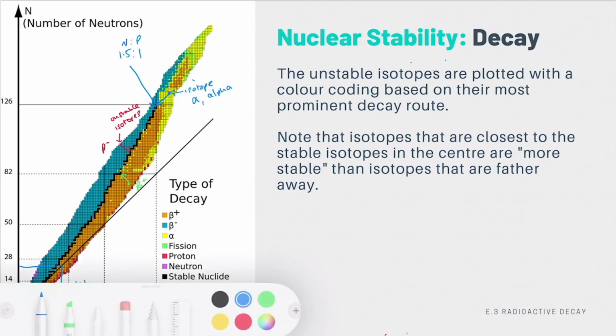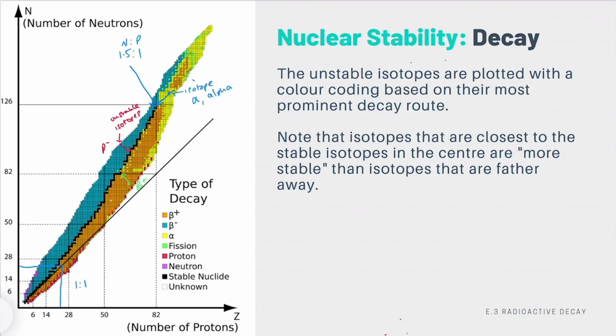So if I take my red pen and draw an isotope here and an isotope here, this isotope here is more stable than that isotope there. Based on the knowledge we found in this plot, let's go and find out what alpha, beta minus and beta plus decay actually are.